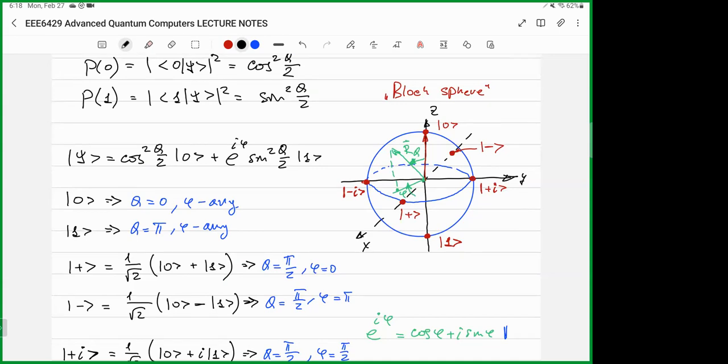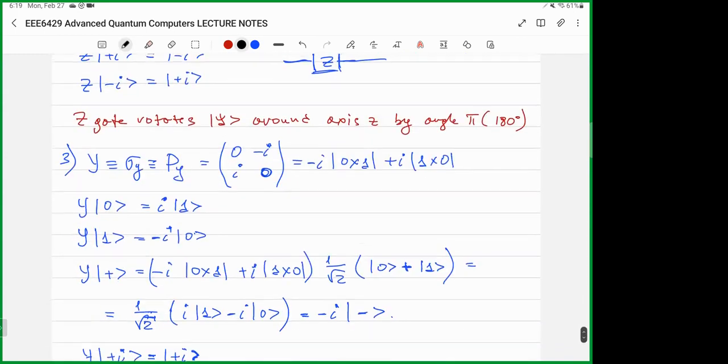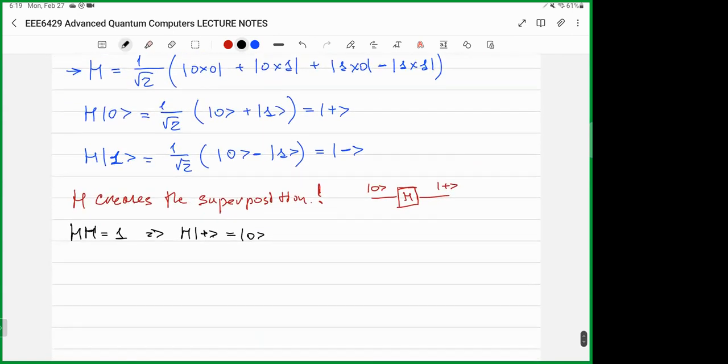So if you can measure the system in the z basis, but cannot do the measurement, for example, in the x axis, then what we do, we first apply the Hadamard gate on the state in the x basis, for example, the plus or minus state, or I mean a superposition of those, and that transforms the state to the z basis, and then we can do the measurement.